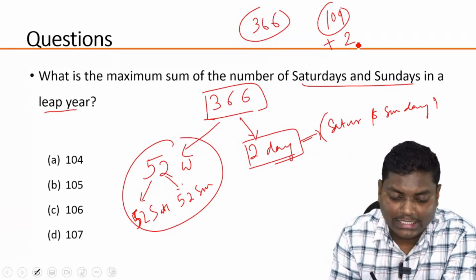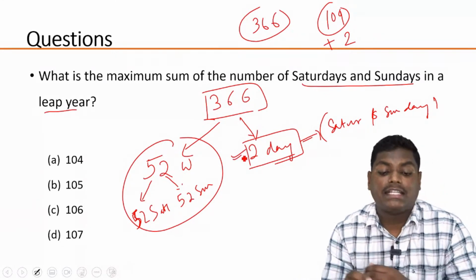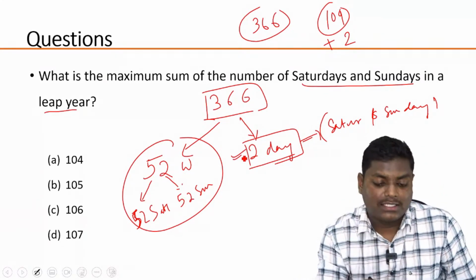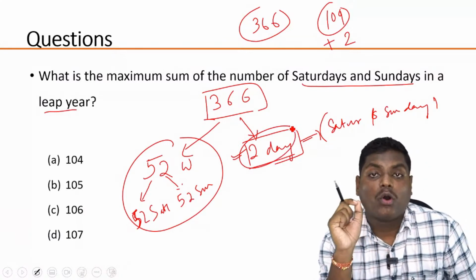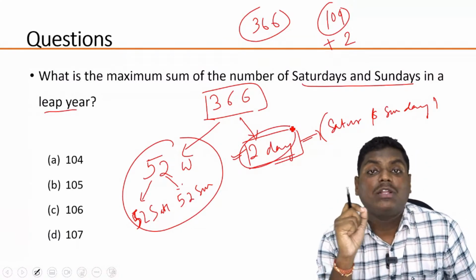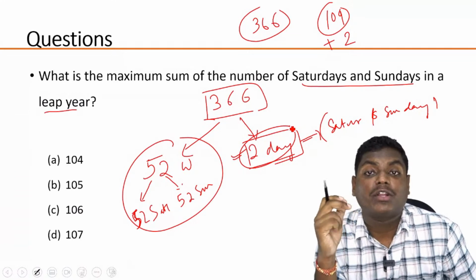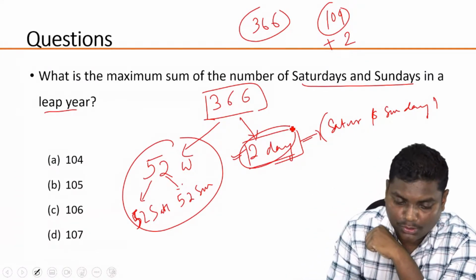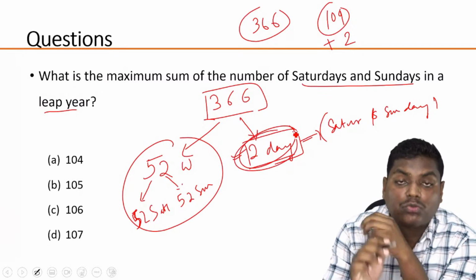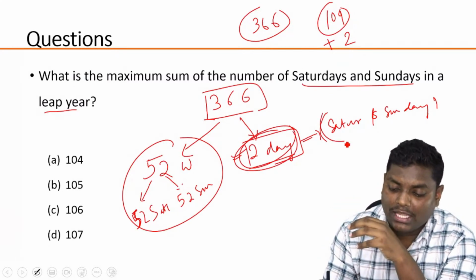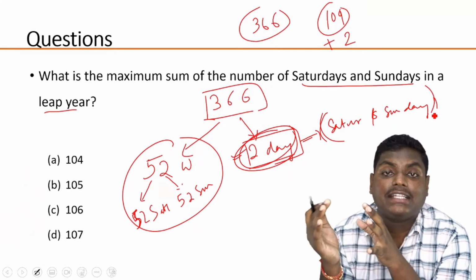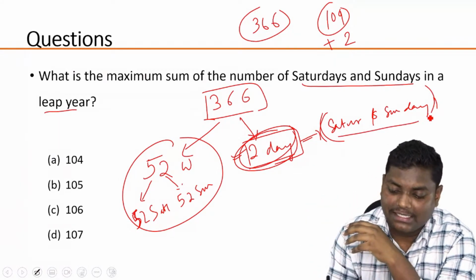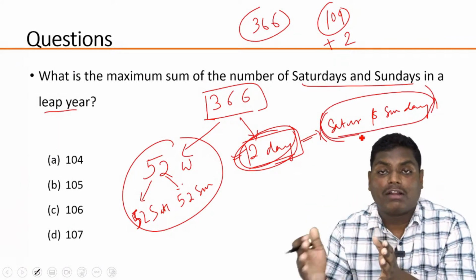Anupam, you need to consider that the 2 odd days factor will basically decide the maximum number of Saturdays and Sundays that we can get. So you need to keep that in mind. In a leap year, we have these 2 odd days, and they can be Saturday and Sunday, since they are consecutive days, one after another.